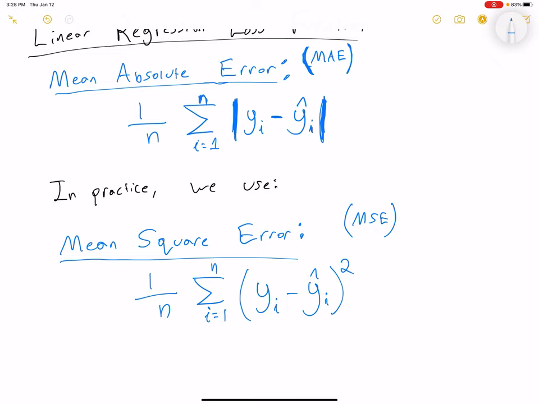No. I think you use the square so it's a smoother function, which helps with looking at the gradient. What else? I think MSE is sensitive to outliers, but MAE is not sensitive.